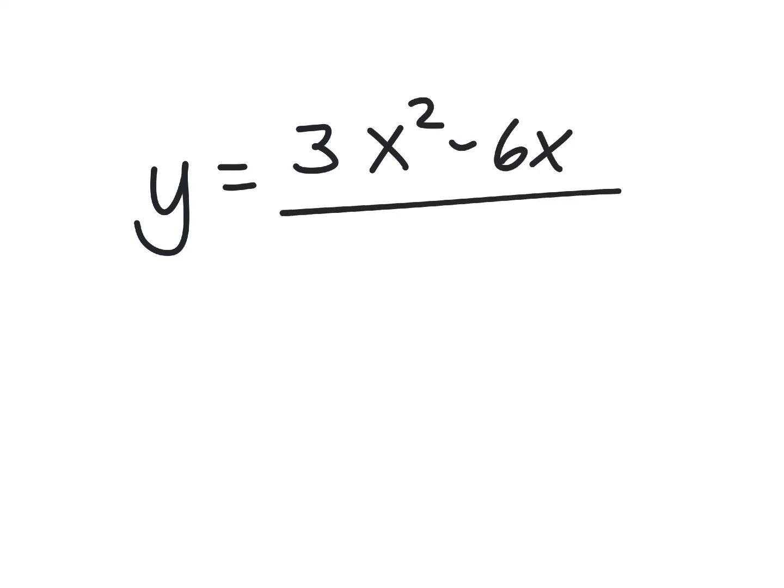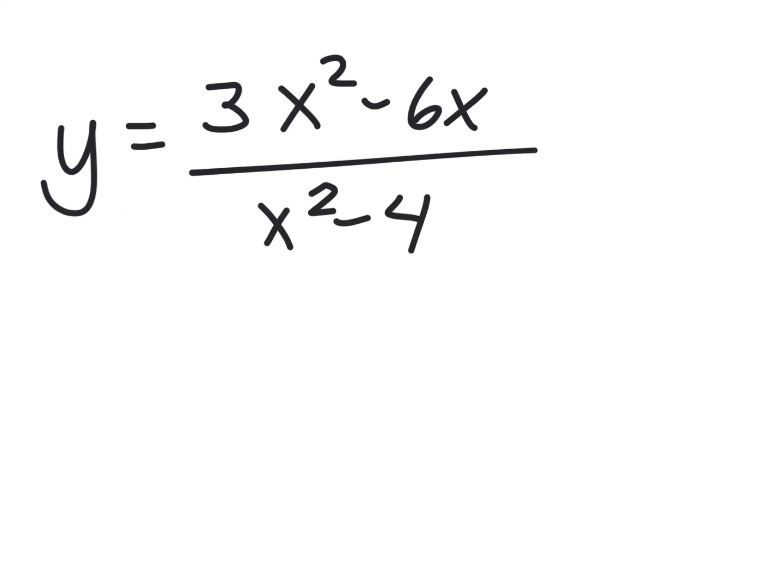All right, so instead, let's talk about what I taught you yesterday about horizontals and verticals. And here is a typical question. 3x squared minus 6x is on the top, and x squared minus 4 is on the bottom.